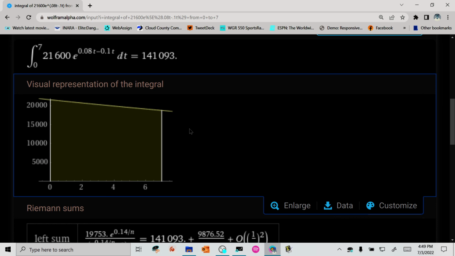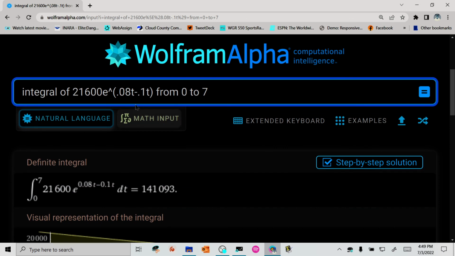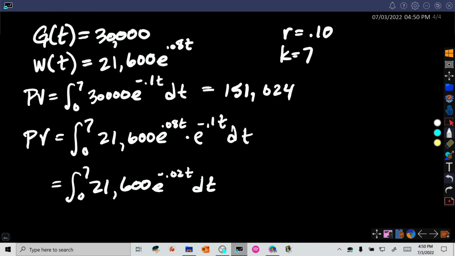21,600 from 0 to 7. Oh, you know what? Is it 0.0? Okay, 0.08 minus 0.1. I want to double check this. Did I literally do the math wrong when I did this earlier?